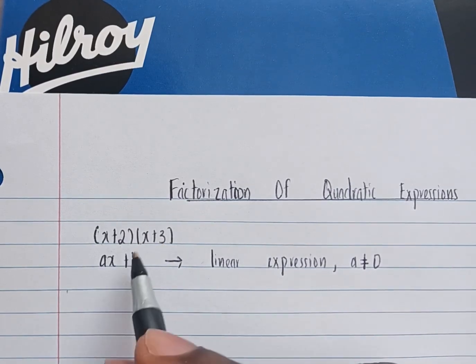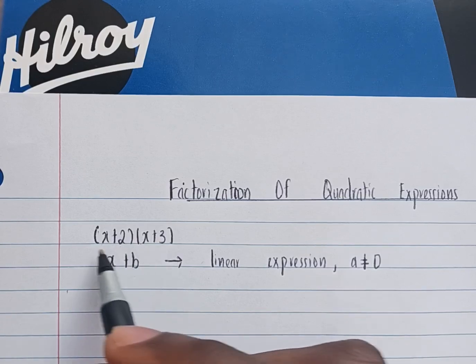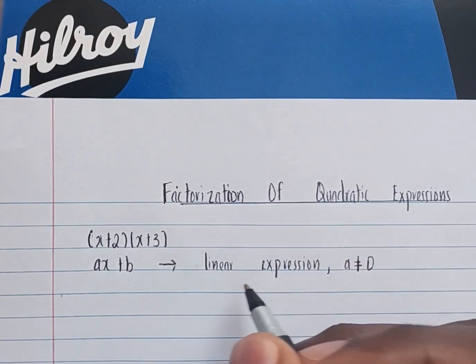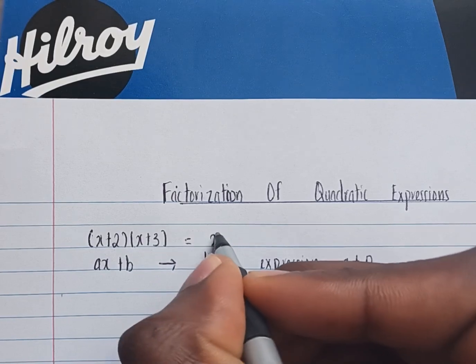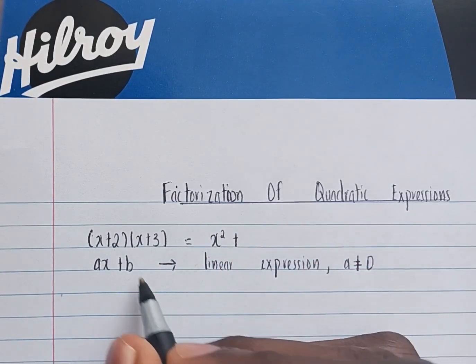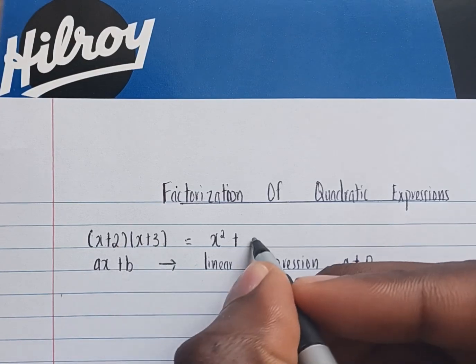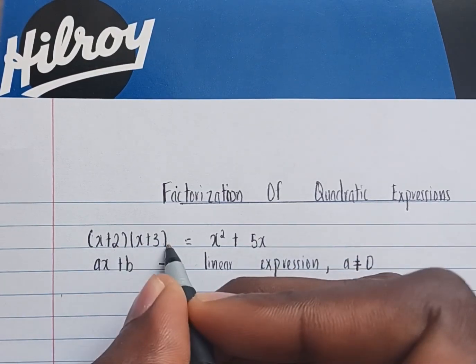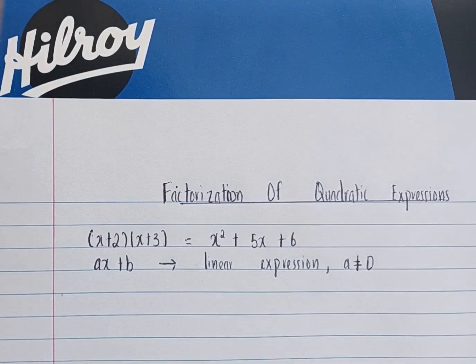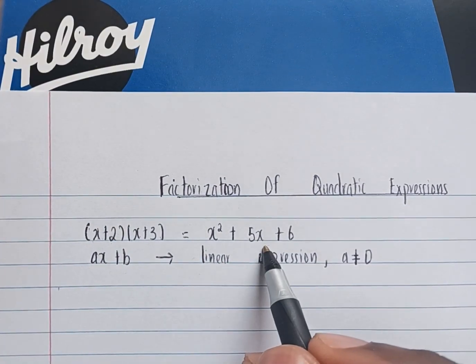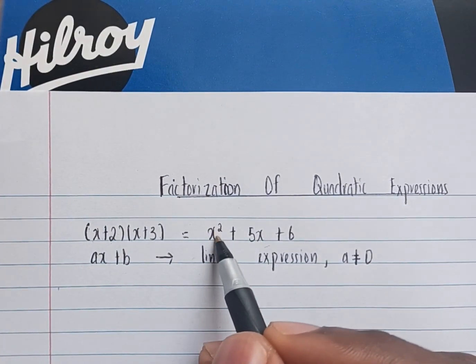Now, when we multiplied these two expressions, we had x squared, plus this by this, which gives 5x, and this times this gives 6. We notice that the highest degree of the variable x is 2, that is, the power is 2.